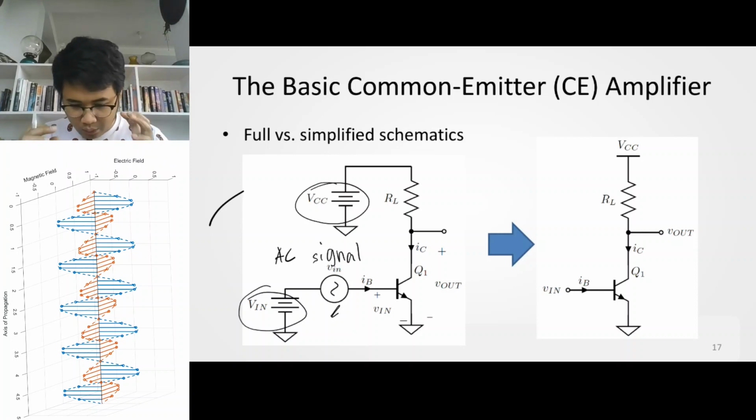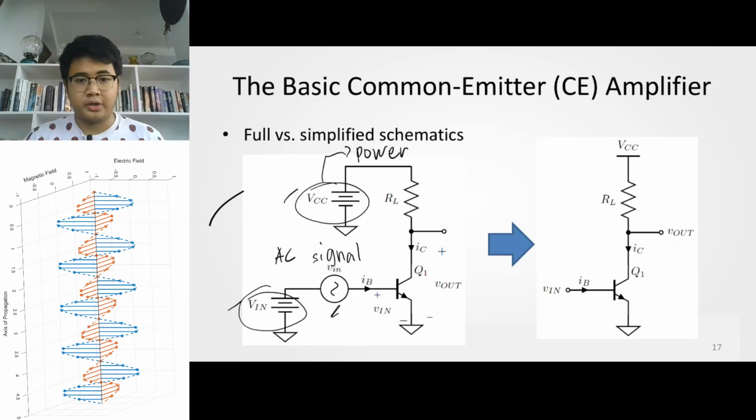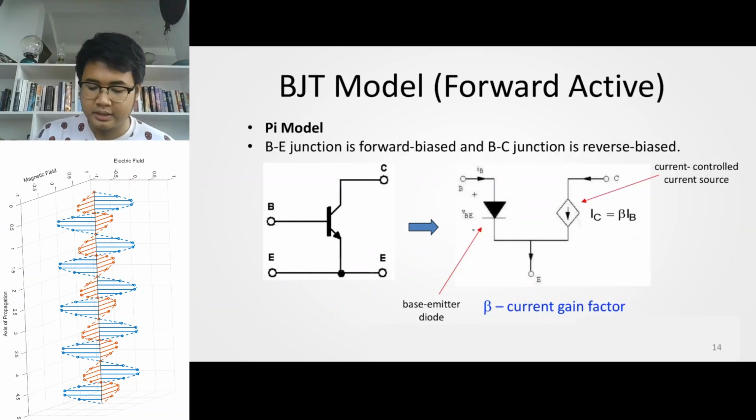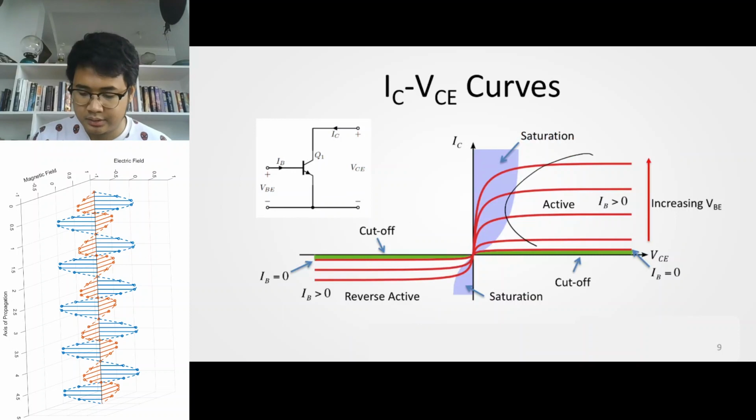So, what is the purpose of VCC and Vin? VCC serves as the power for your BJT to activate. Vin is a biasing voltage, where the goal is to set a value for Vin such that, if we go back, you'd want to operate in this region.